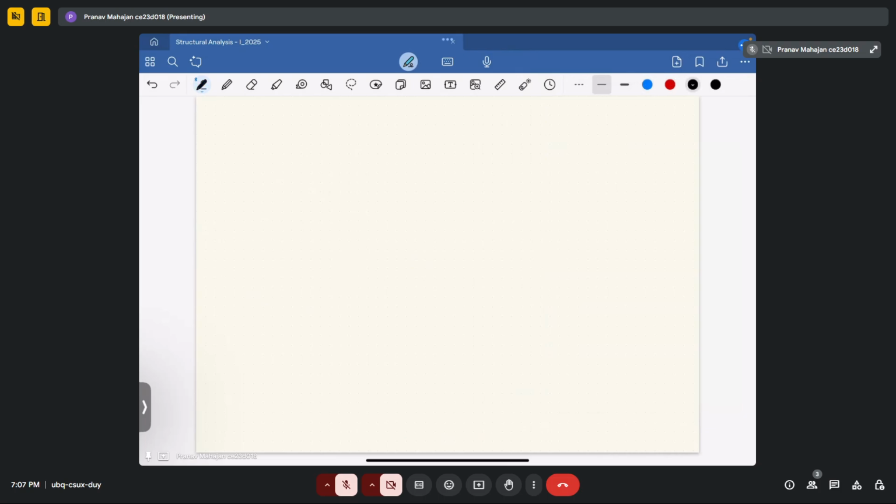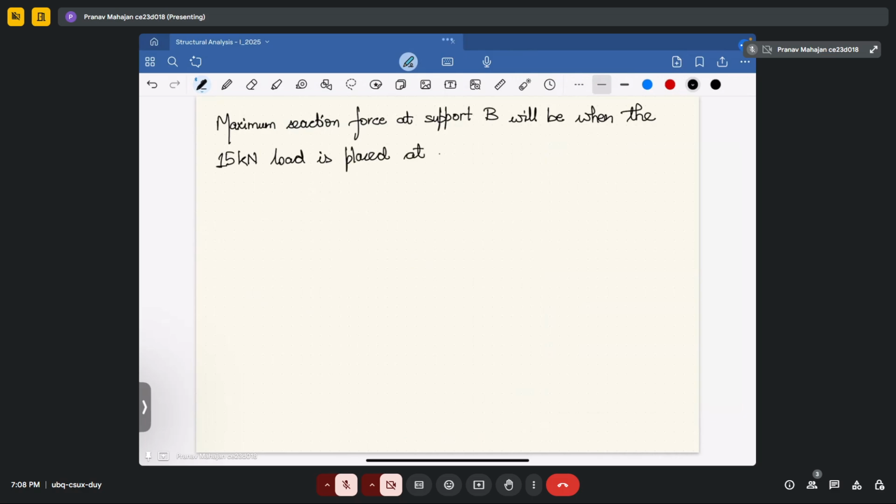So let me write that maximum reaction force at support B will be when the 15 kilonewton load is placed at point B. So the value of shear force at B will be equal to 15 into 1 equal to 15 kilonewton.